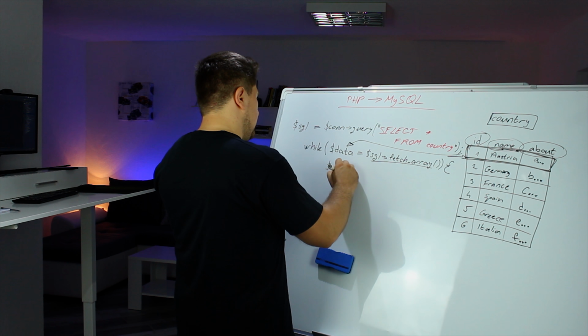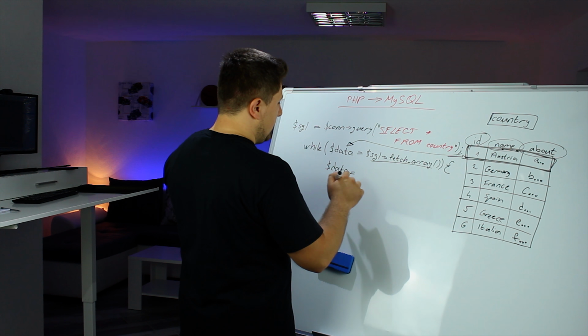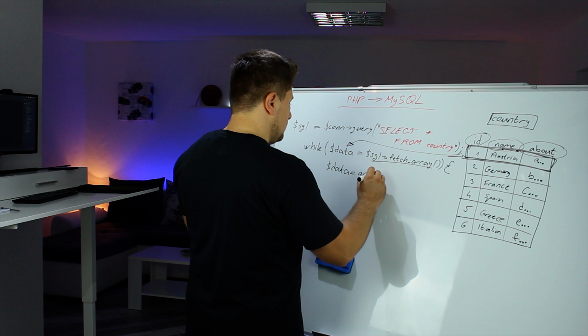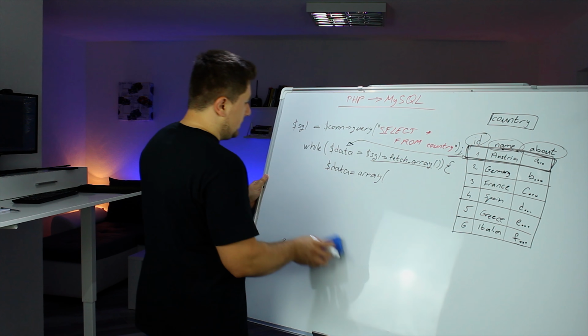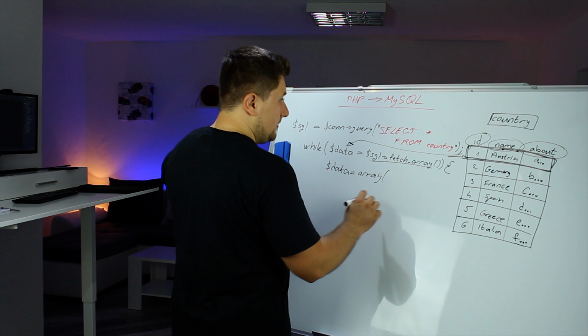We will have data, and it is going to be an associative array. I will write it like we are making it ourselves, and here we will have ID 1, we will have name, which is Austria, and we will have about, which is okay, and we are going to close this.